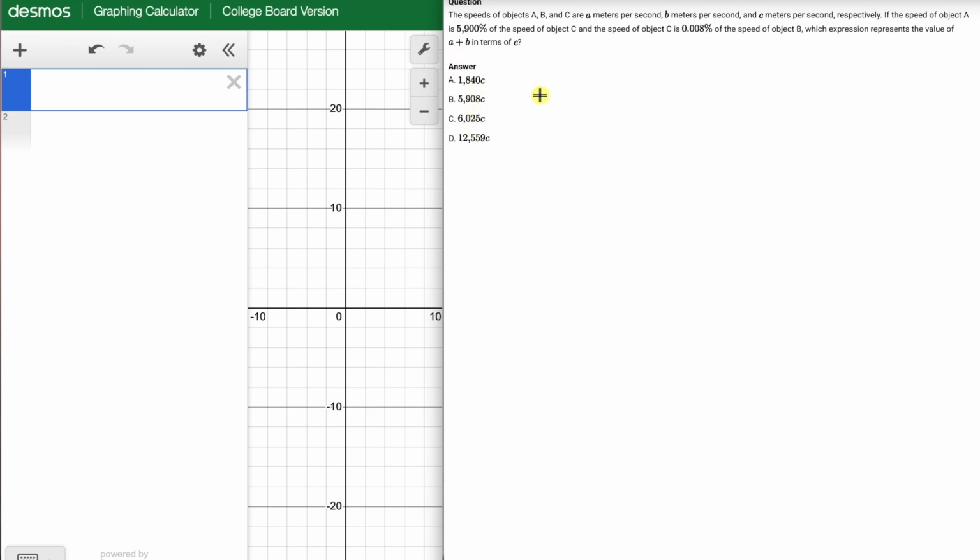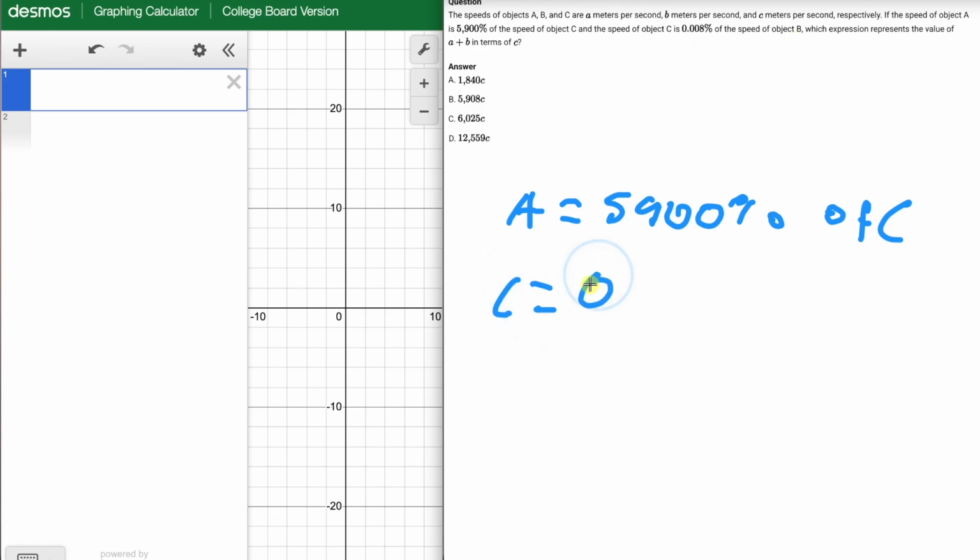I'm given that A is 5,900% of C, so I would write A equals 5,900% of C. And I'm given that C is equal to 0.008% of B, so C equals 0.008% of B. Now I have two equations where I can plug in decimals, and it can give me the value of each of the numbers.